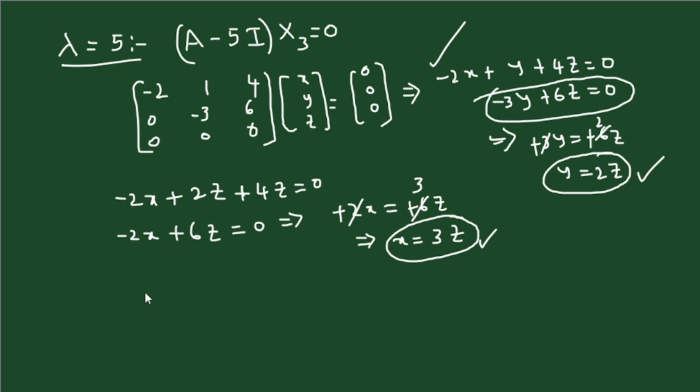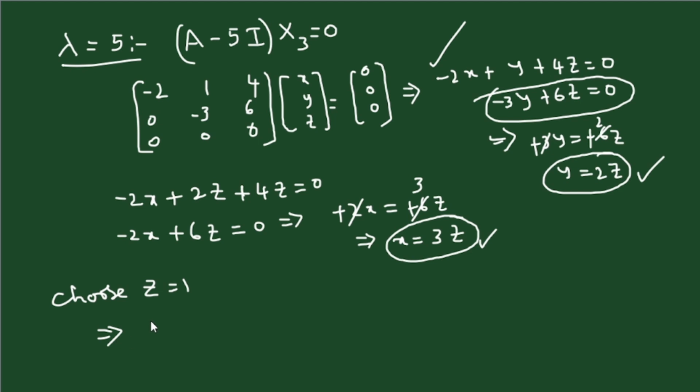Now if you choose z equal to 1, you will get x equal to 3 and y equal to 2. You can also choose x equal to 1, but in that case z becomes 1 over 3. So this is better than that. So I choose z equal to 1.